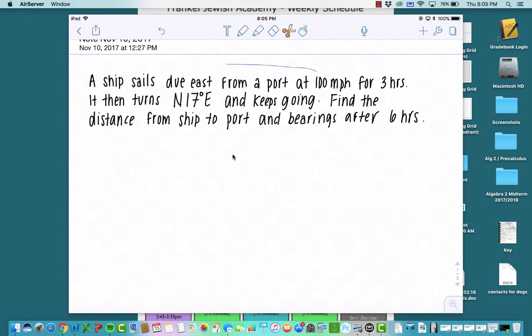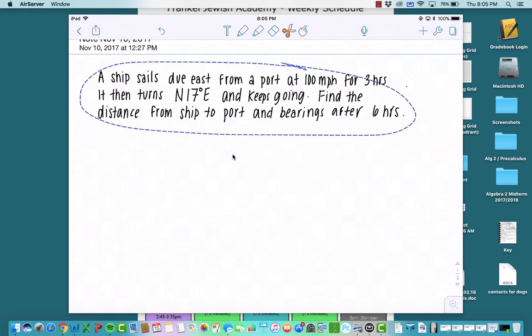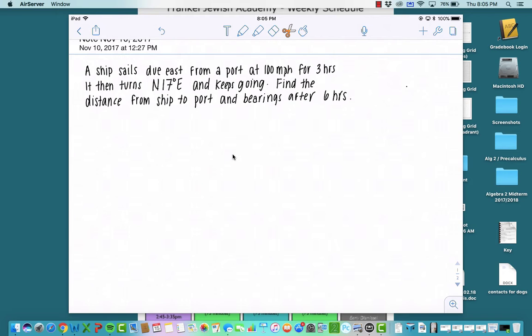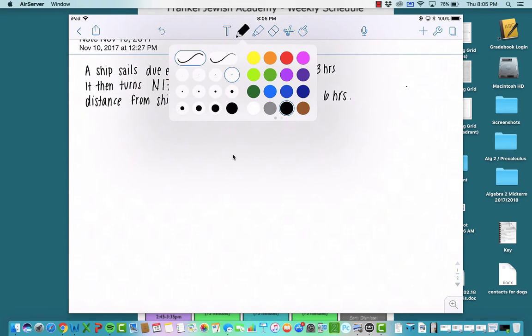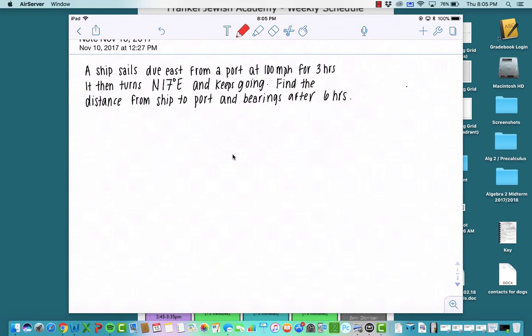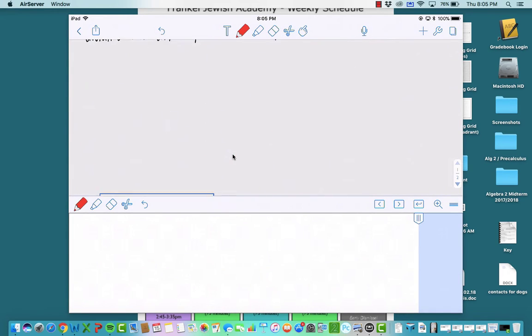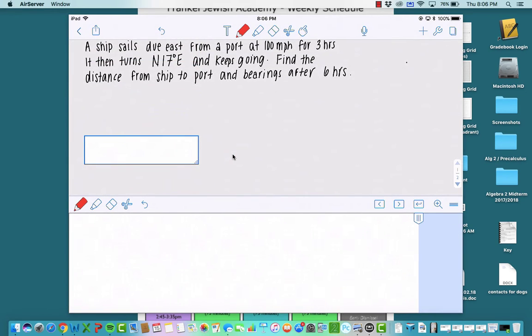So these problems are a tad tricky and require a little bit of drawing. So let's see if we can do it together. I'm always going to just draw what it gives me first. So I'm going to start over here. This is port.